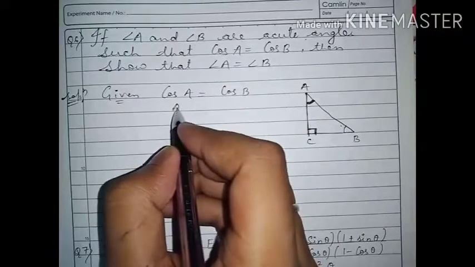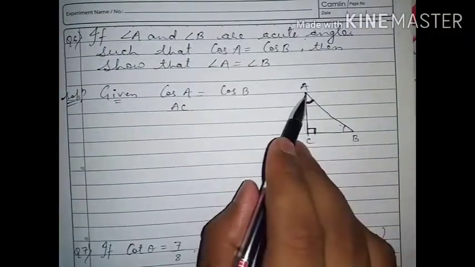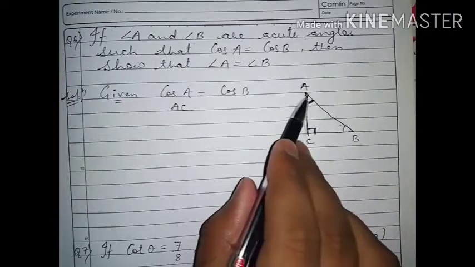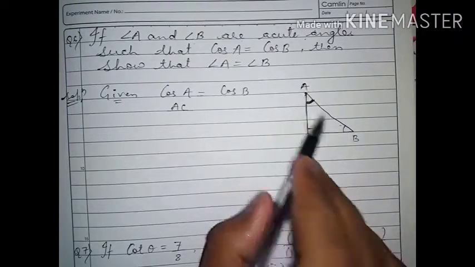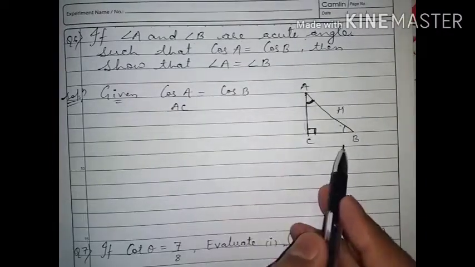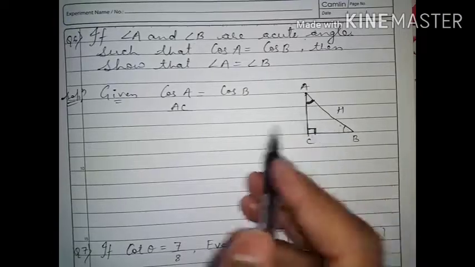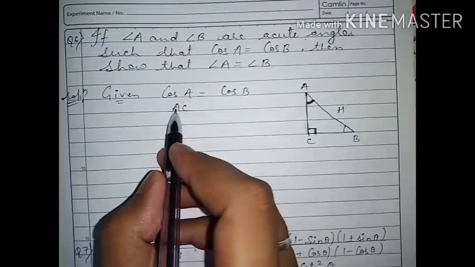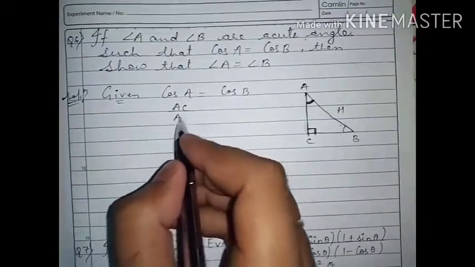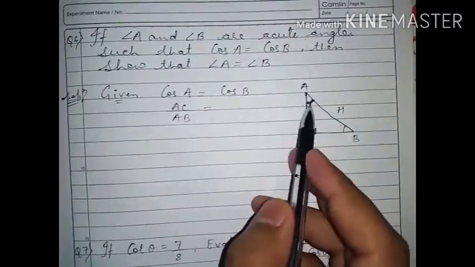So I write it here, AC base by hypotenuse, that is AB. This side is the hypotenuse. The hypotenuse is always fixed, this is the h. These two, base and perpendicular, are interchanged with respect to these two angles. So the base is AC and the hypotenuse is AB. So I write it here AC by AB, with respect to this angle A.